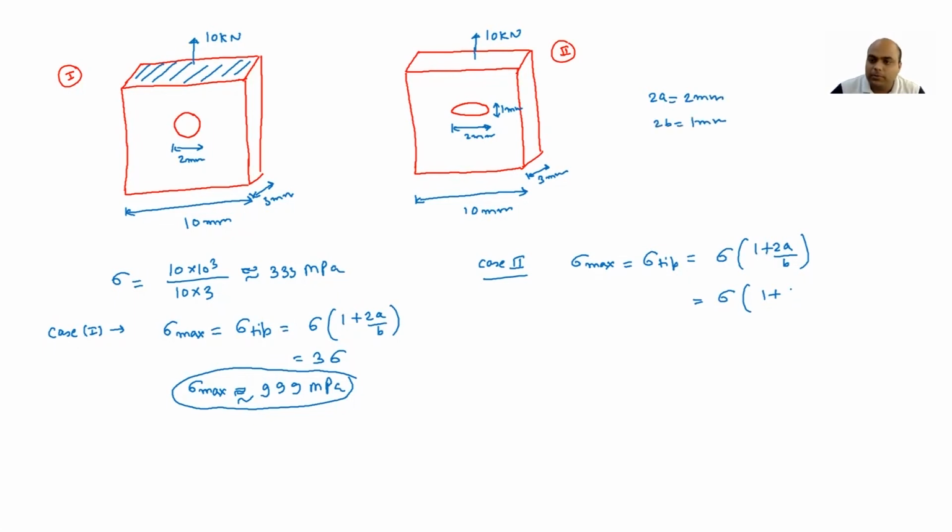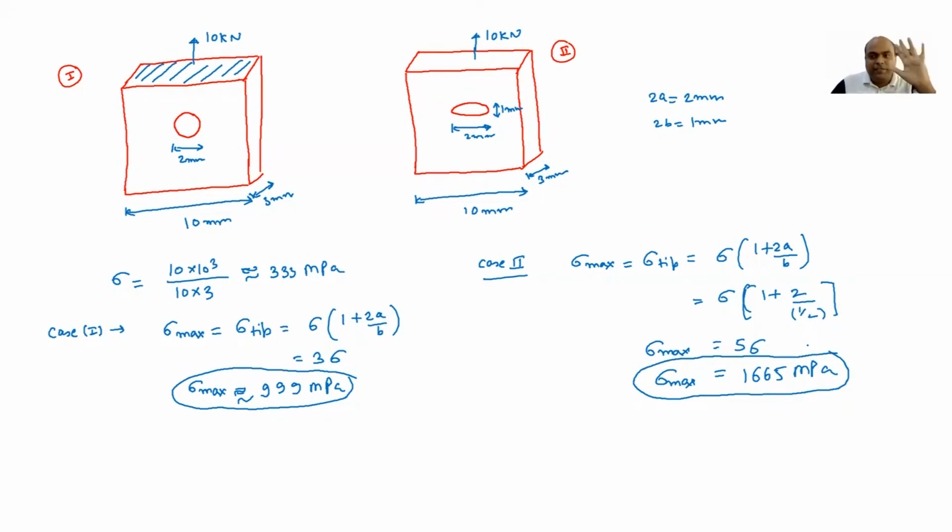So 2a equal to 2, and then here it is 1 by half. So sigma max is 5 sigma, and this will be 1665 MPa.